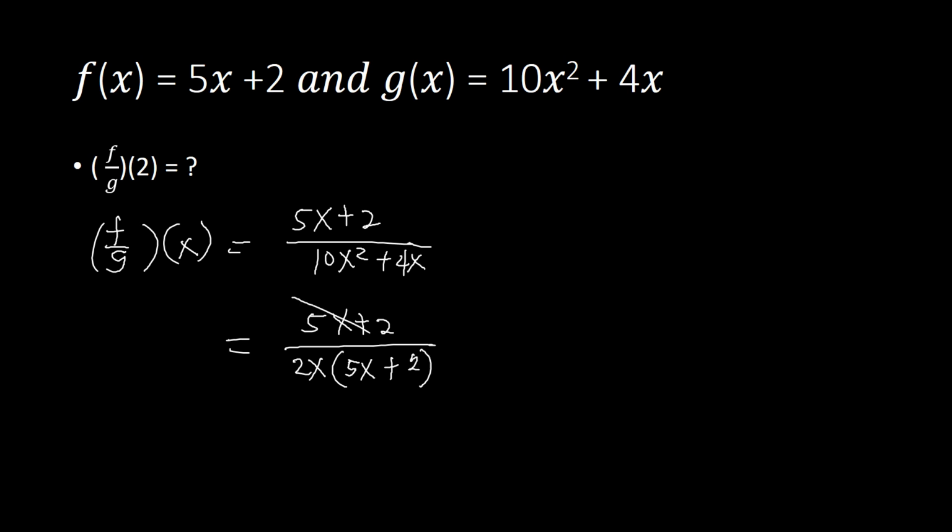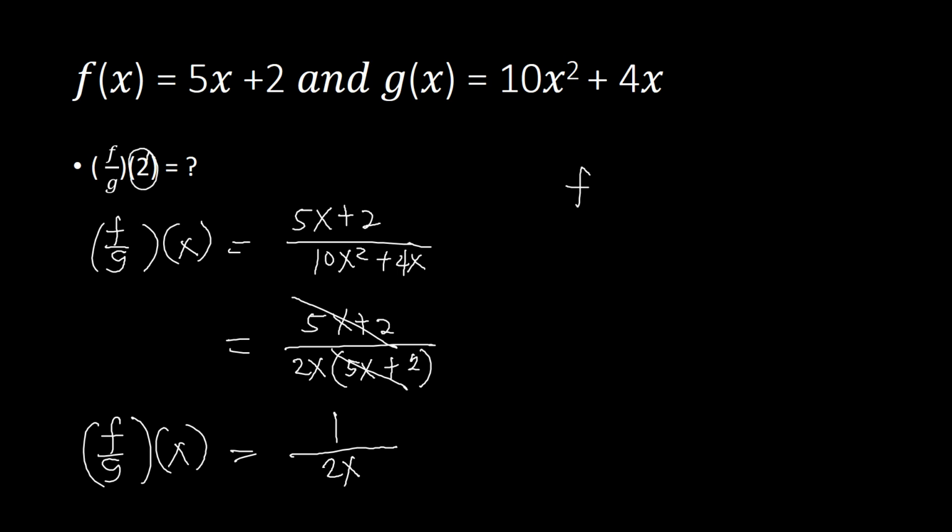Then we cancel this out. And again, once you cancel everything at the top, it doesn't mean that we don't have a number there. We still have 1. And then we've got 2x as the remaining. So this is not yet the final answer because this is still our f over g of x. We need to replace x by 2.